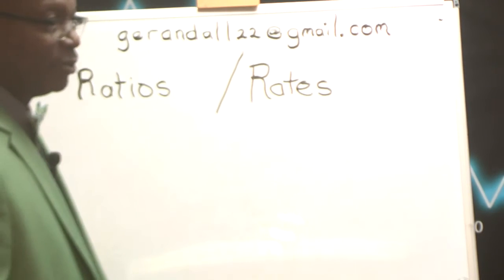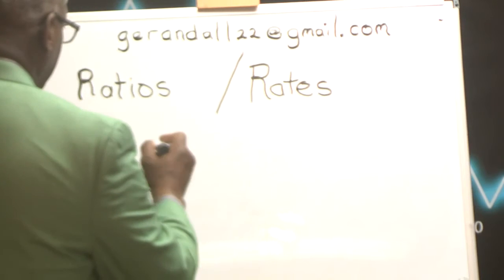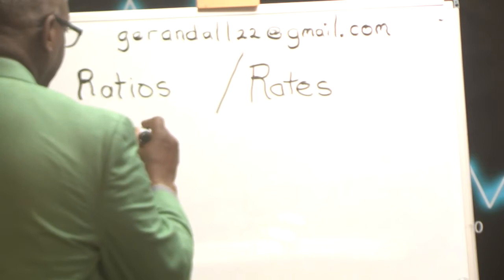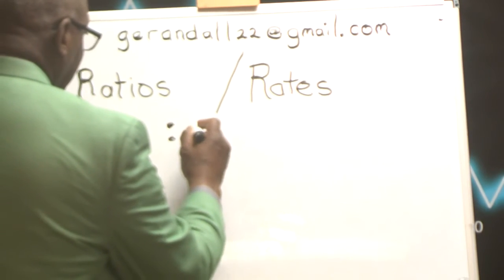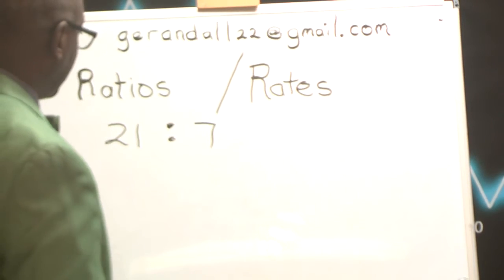Let's say, for example, University of Maryland beats a team, Tech, by a score of 21 to 7. There are a lot of ways we can talk about that.